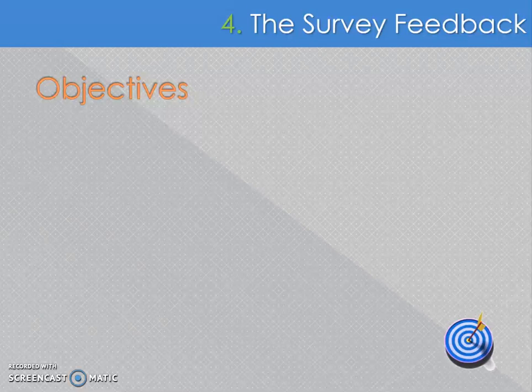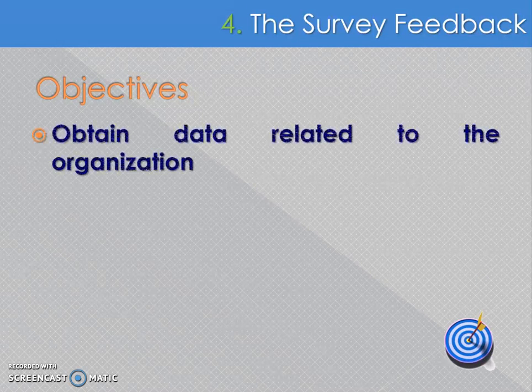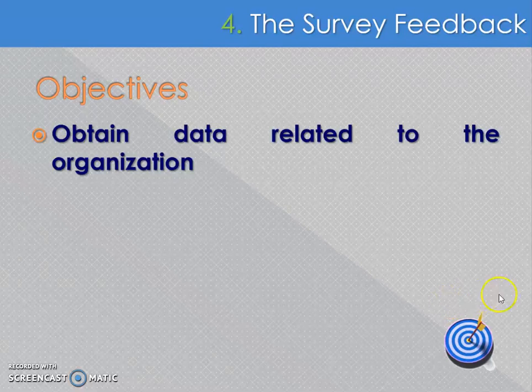Thus, here we can understand the important effect of this type of methodology. When we design the session of survey feedback, we will have at least two main objectives. The first one is to obtain data related to the organization. It's more qualitative information, obtained directly from employees. It's useful to corroborate if the data of the questionnaires agree with the opinions of employees.